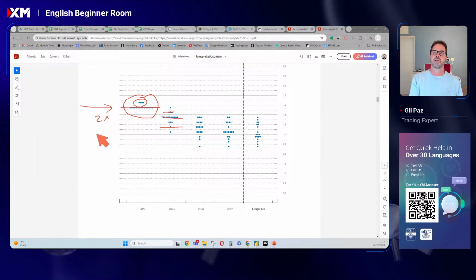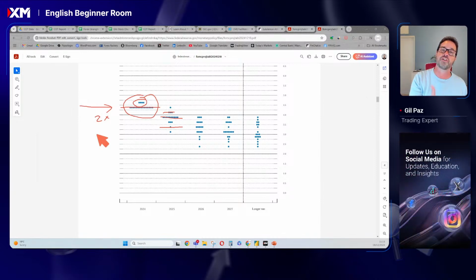So what we see is that interest rates will stay higher for longer, and this is not good for the stock market. It's very good for the US dollar, because when you get more yield, more returns on the US dollar, the US dollar gets stronger, while any other currency, they're cutting quite strongly.